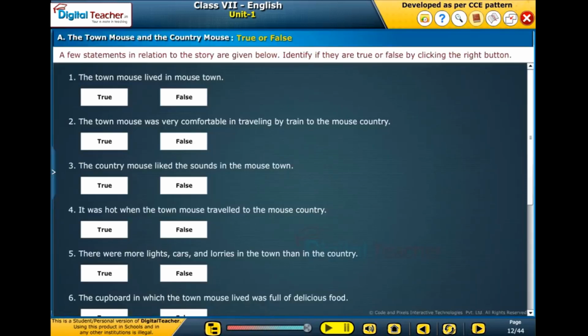A few statements in relation to the story are given below.